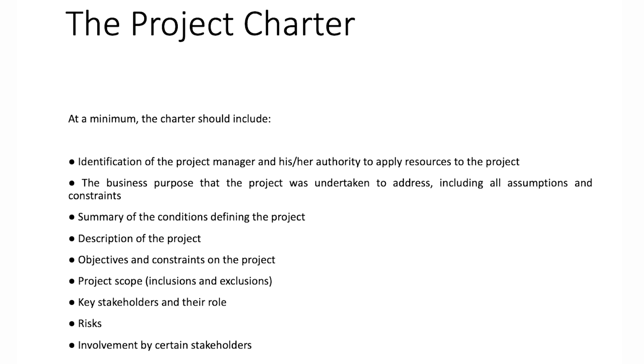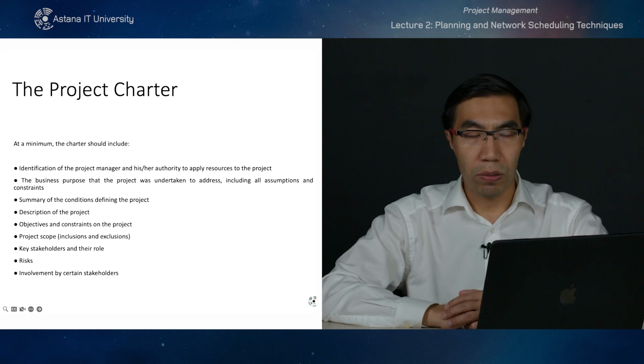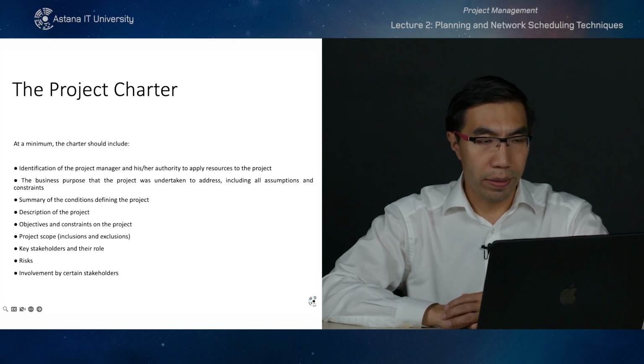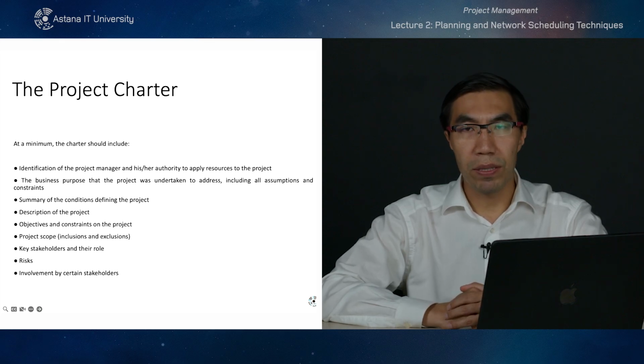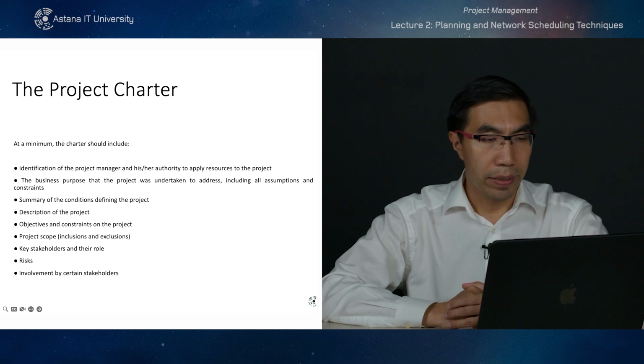A summary of the conditions defining the project: a brief description of the project, objectives and constraints on the project, then project scope, yes, what will be included in the final product or service and what will be excluded, key stakeholders and their roles, and what the risks are, so probably like a minimized version of the risk register.